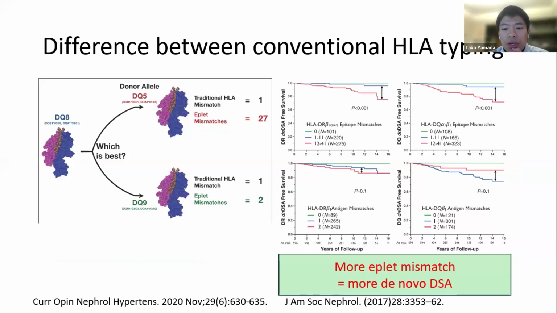Conventional HLA typing alone cannot determine the immunogenicity of non-matched HLA antigens, as it treats all non-matched donors equally mismatched. However, certain HLA alleles exhibit molecular similarities, enabling us to assess the immunogenicity of non-matched HLA antigens more accurately.